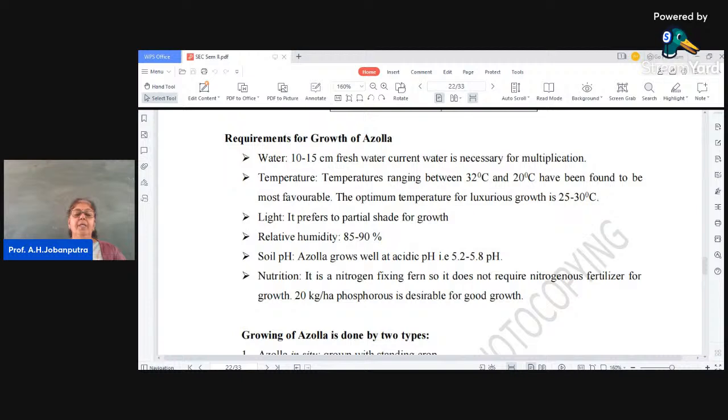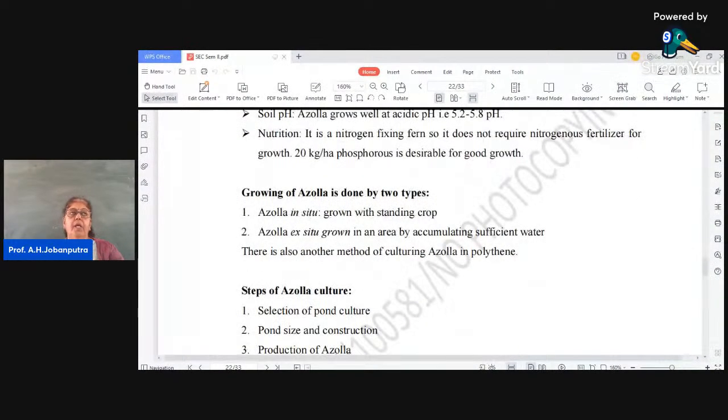It only requires phosphorus. So provision of nitrogenous or phosphorus fertilizers: nitrogen त्याला स्वतःकडून मिळतो आणि phosphorus तो आपण provide करू शकतो. So that will help in the growth of Azolla. Growing of Azolla is done by two types, in situ and ex situ.